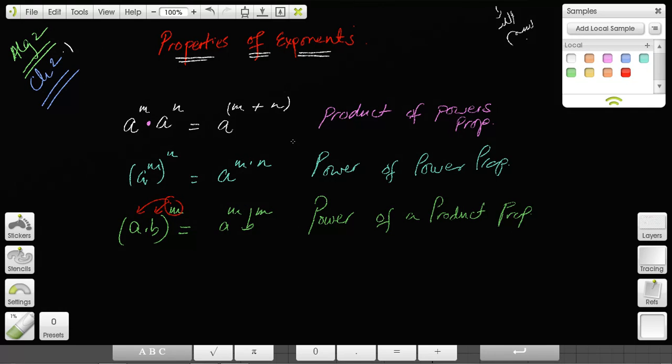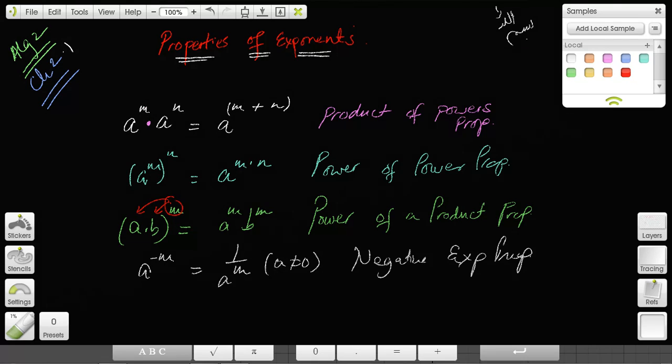Now, we also know this one: a to the negative m is 1 over a to the m, where a is not 0, obviously. a cannot be 0. This is important. This is the negative exponent property.